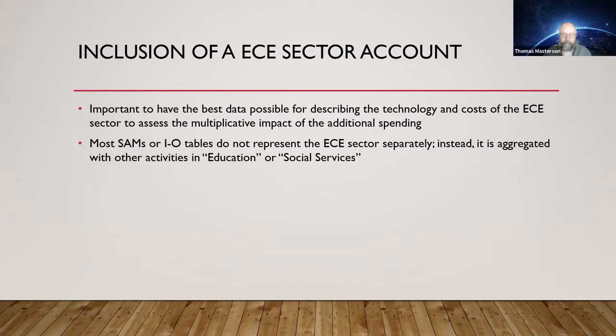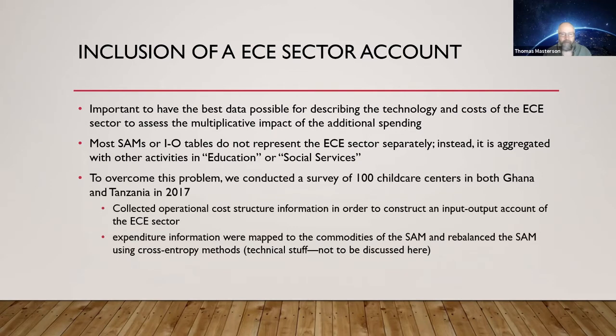So what do we do? Well, we gather our own data. We conducted a survey of about 100 childcare centers in both Ghana and Tanzania in 2017. What we collected was information about the cost structure for each childcare center, early childhood education and childcare centers in both those countries.